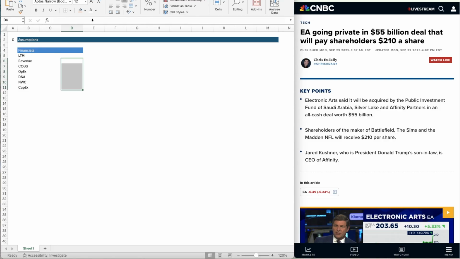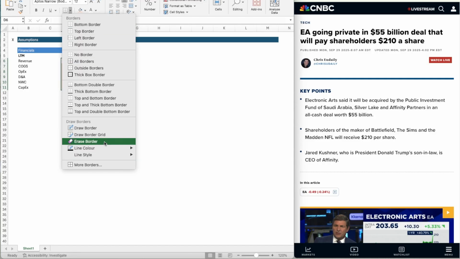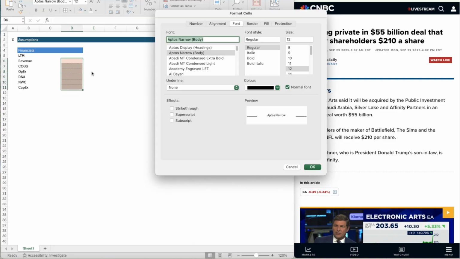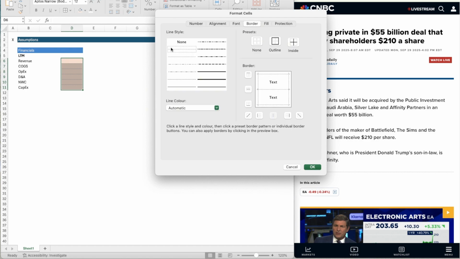You might have to go on to get the dotted border. You just go into format, border, and you select this one, and you go these two, and there it is.